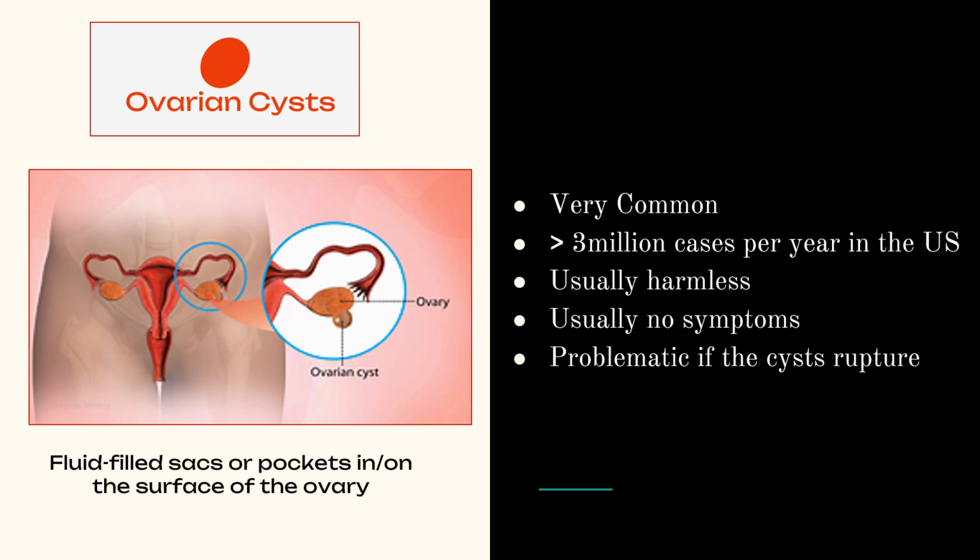And removing an ovary could possibly increase issues with infertility for the female. And if both ovaries are removed for whatever reason, early menopause is going to happen, and they'll have to be on some form of hormone replacement therapy.